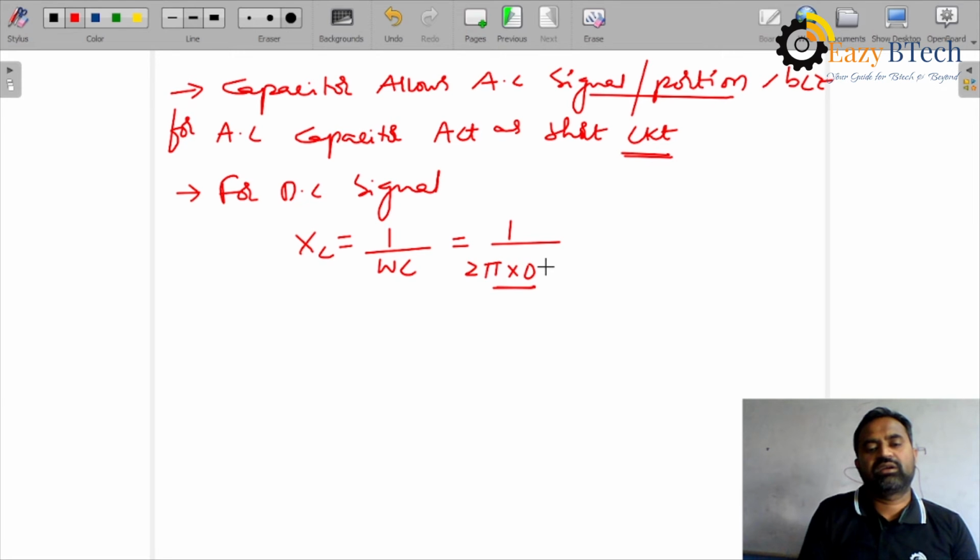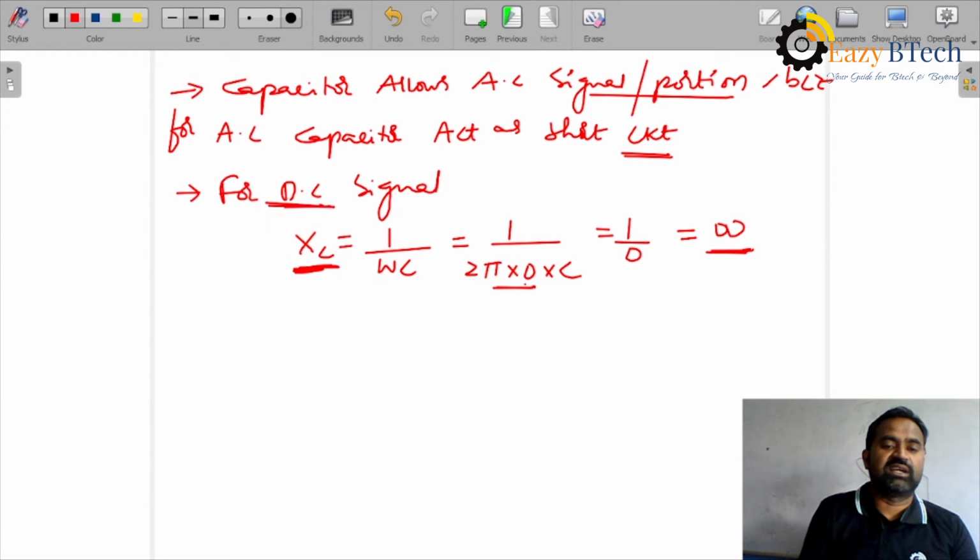Frequency for DC is 0, and 1 by 0 is infinity. Capacitive reactance is infinity for a DC signal.